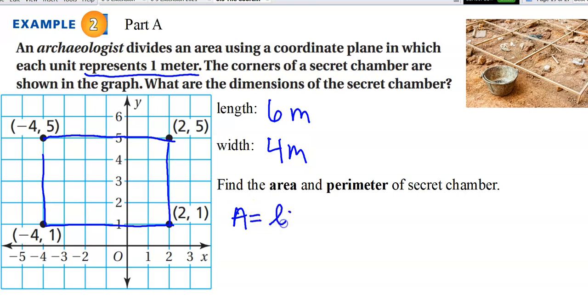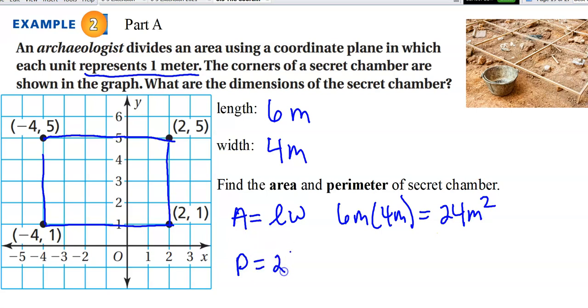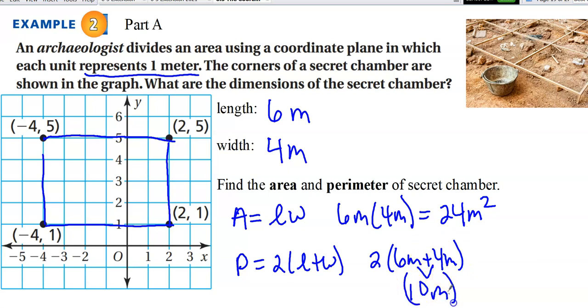Area equals length times width, which is 6 meters times 4 meters equals 24 meters squared. And the perimeter equals 2 times (L plus W), which is 2 times (6 meters plus 4 meters). I get 10 meters times 2. So the perimeter around the outside is 20 meters.